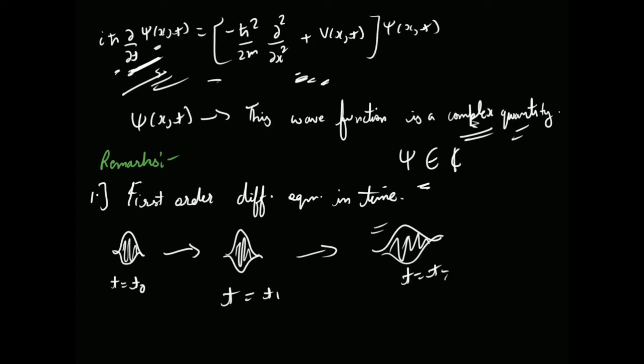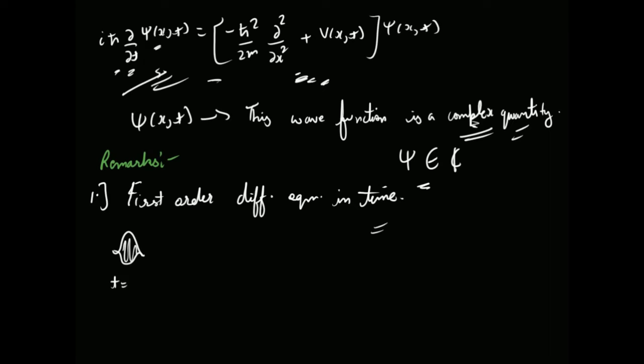We have not considered this term. I'm just telling you the meaning of this term. This term gives the time evolution of the wave function: if you know the state of the particle at a given time, then you can determine the wave function at all times, in the future, like in 1 minute, 1 hour, or 1 day or year.